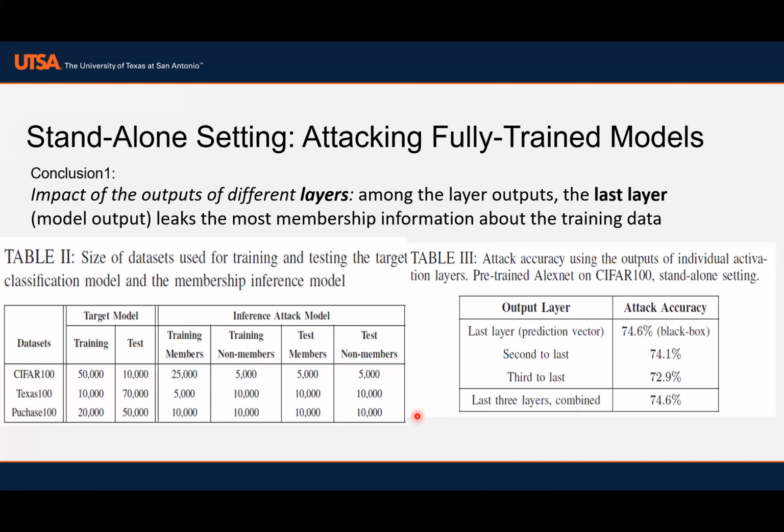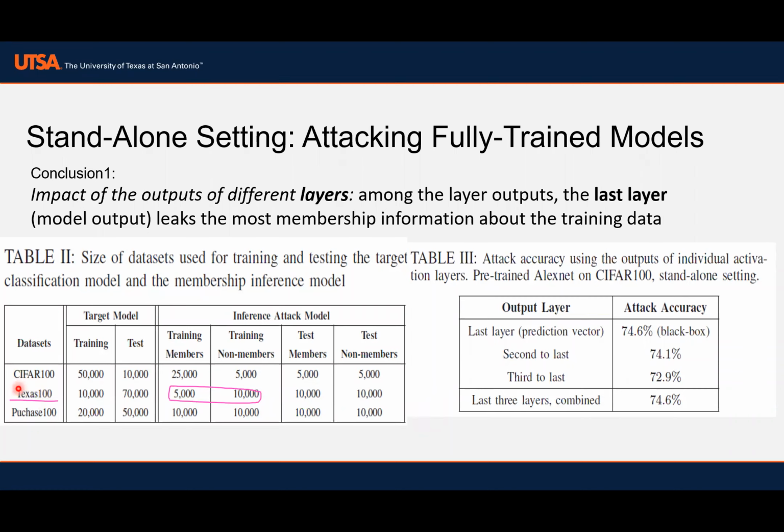But they should also report some results about Texas 100, right? And if that performance is not good, that basically means my guess is right. If you don't have a lot of training members, then the attack will not be very successful.